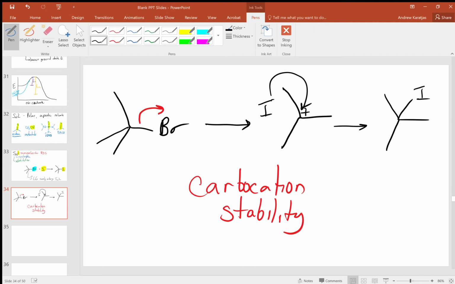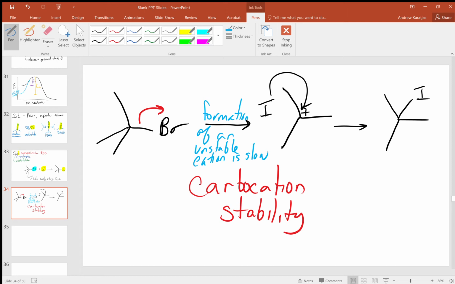Well, logically, which of these two steps do we think would be slow and which do we think would be fast? So this first step, which is formation of an unstable cation, is generally going to be slow.